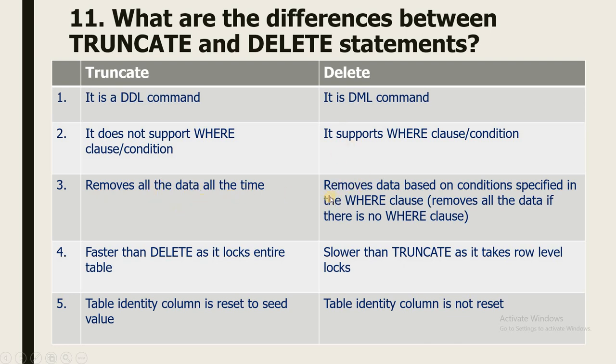The delete command removes data based on the condition specified in the where clause. If we do not use a where condition, it will delete all the data from the table. But in the truncate command, we cannot use a where condition, so it removes all the data from the table.